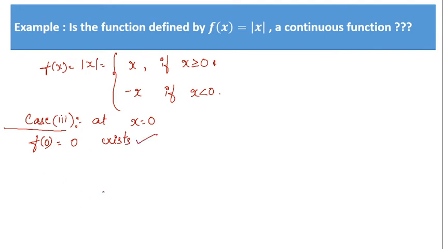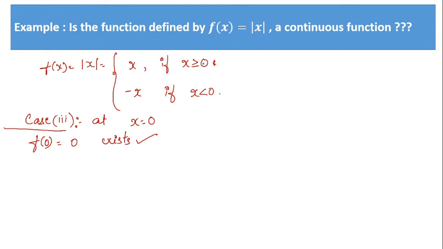But before going into the second condition, you can see that the value changes immediately to the right of 0, and also to the left of 0, correct? So what you have to do is check the left hand limit and right hand limit, and check whether both are equal. If both are equal, then we can say that the limit exists.